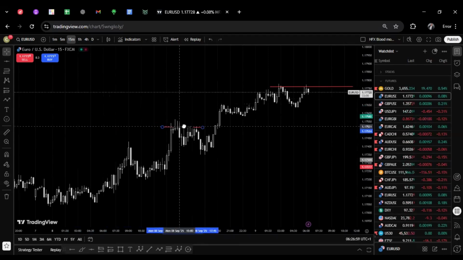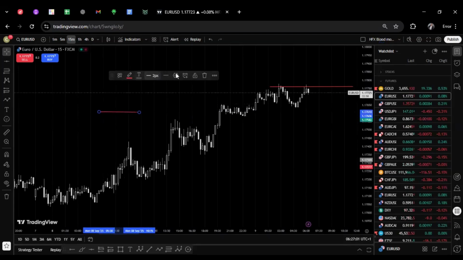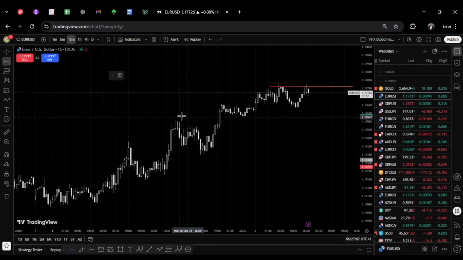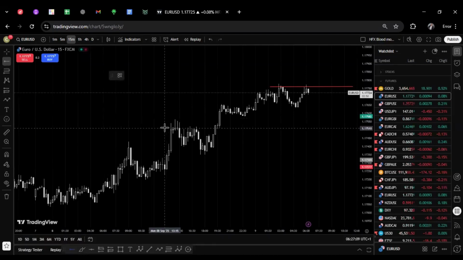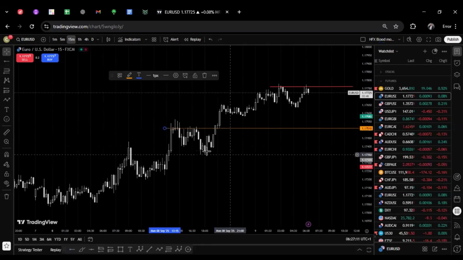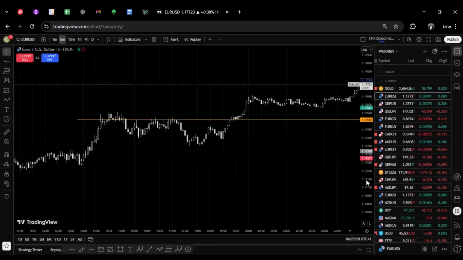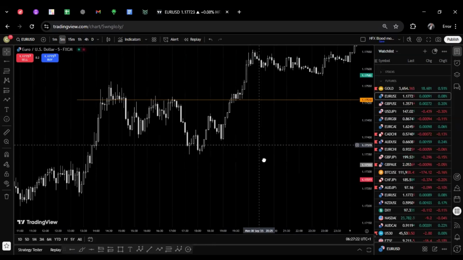What am I going to do? Sometimes it's even best to use a horizontal ray, so you're sure you're getting the best price. I choose my horizontal ray. If it's not so clear on this 15 minutes time frame, I go down to a 5 minutes time frame to be sure I'm getting the precise points.